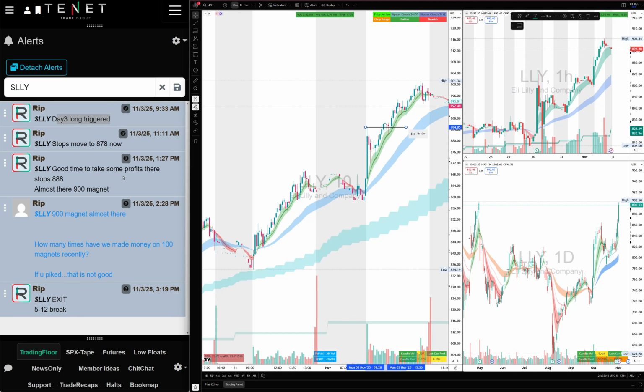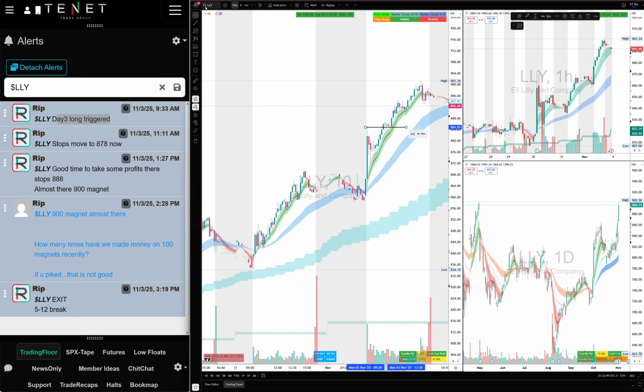Whenever something is trading between 90s and 100s, or 100s and 200s, in this case 890 to 900, it's a magnet setup. So you always wait for that 900, and that's how you got that 900 target on LLY. That was a beautiful winner for us.